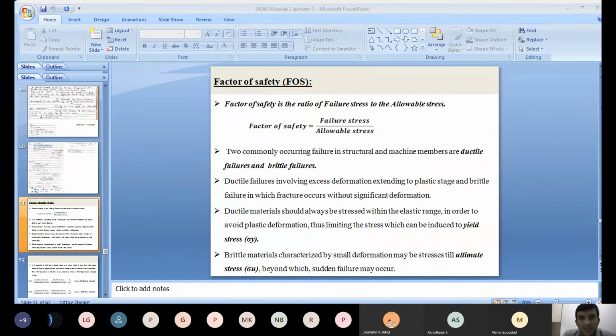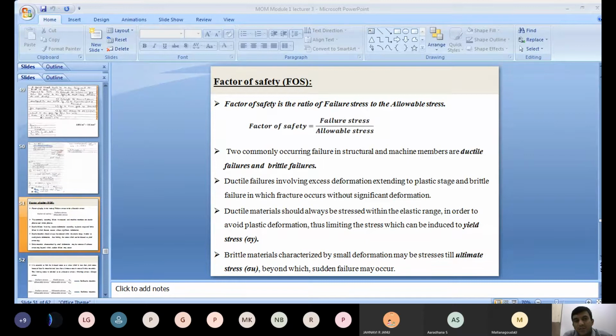Factor of safety. This indicates that for safe working on an engineering material, the material can withstand the load and do its function, and you additionally add some margin. The best example I can give is railway bogies, whether a passenger train or goods train locomotive.